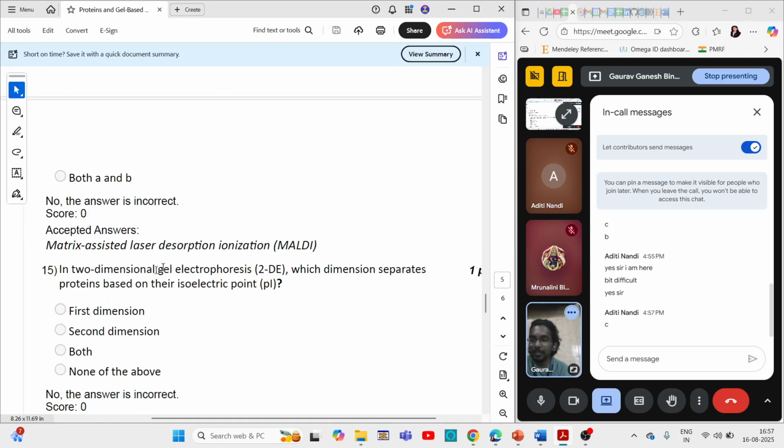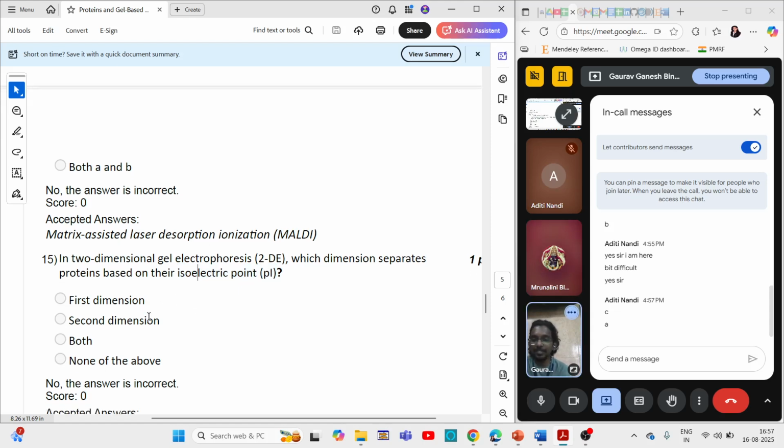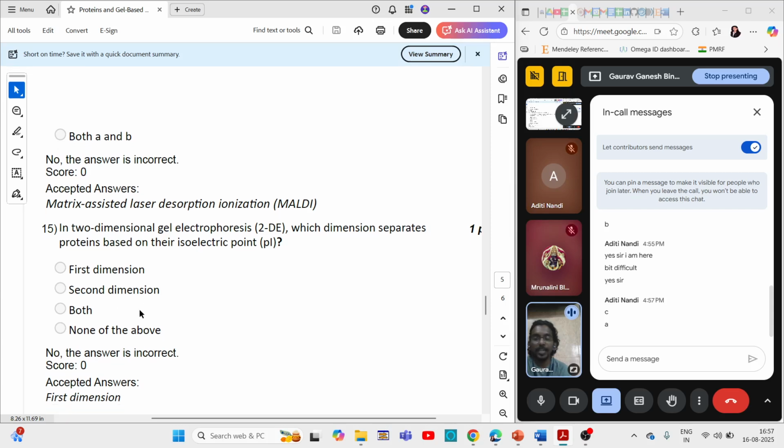So in two-dimensional electrophoresis, which dimension separates proteins based on the isoelectric point? This is also easy to answer. It's the first dimension, the isoelectric point. What is the second dimension?